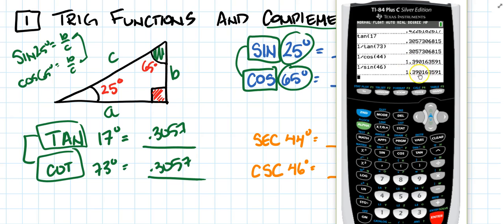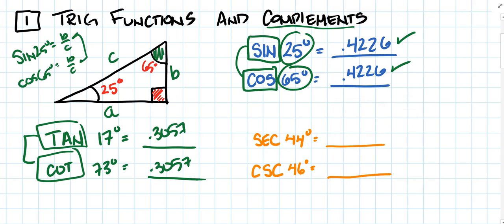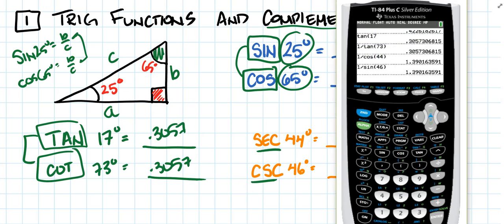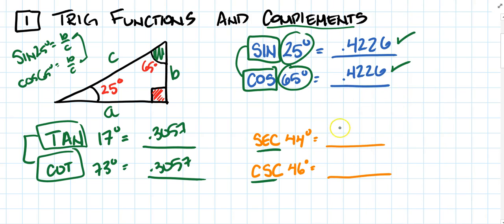And notice you get exactly the same decimal. As long as the two angles add to 90, and you have co-functions, you're going to get the same value. That value was 1.390. So this is the idea and the reason behind co-functions.